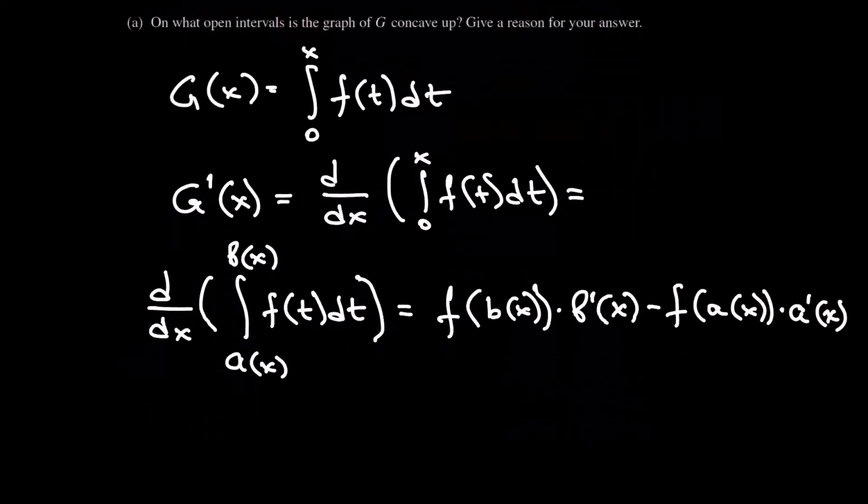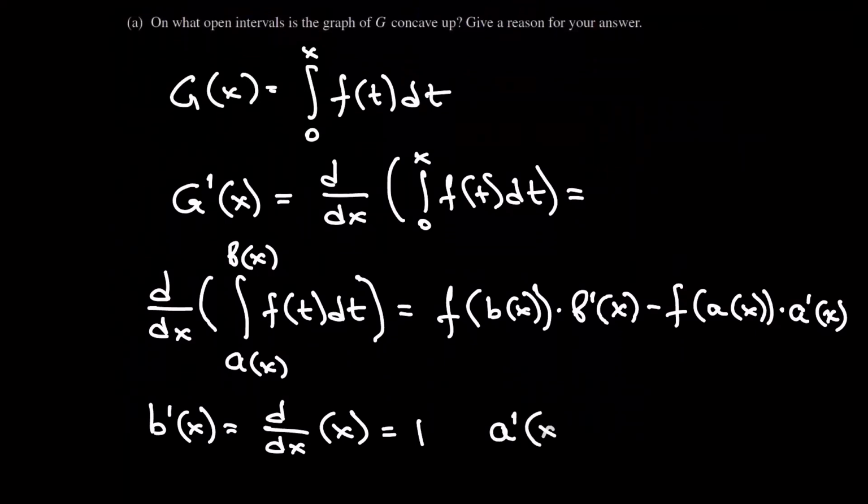So let's see what we got in our case. In our case, b prime of x is equal to d over dx of the function x, which is equal to 1. And then a prime of x is equal to the derivative with respect to x of 0, which is equal to 0.